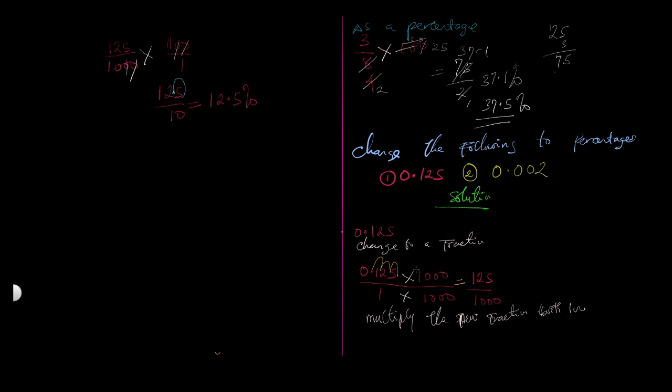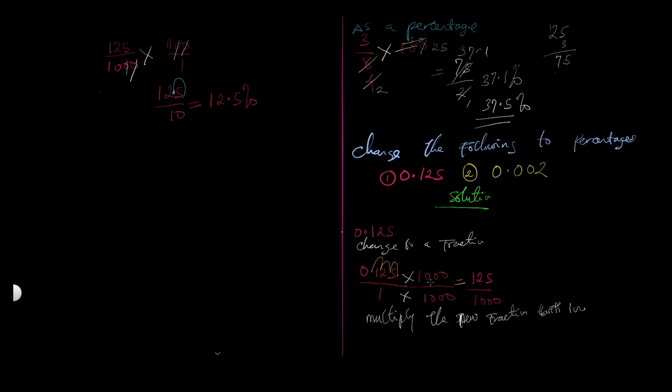So you are going to multiply both numerator and denominator by 1000, and that is what we just did here. We said times 1000, and when you're multiplying a decimal with 10, 100, 1000, check the number of zeros and move the decimal point the same number of places forward.